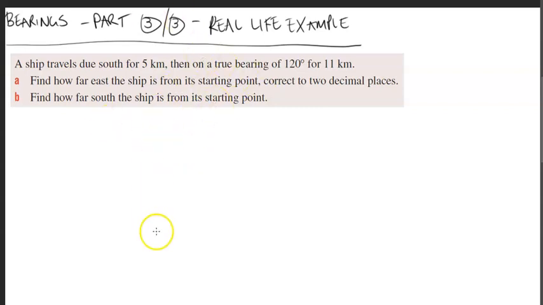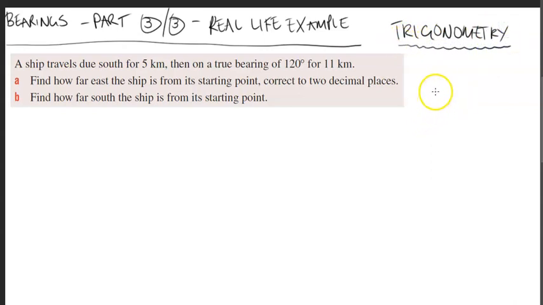It needs to stand out, it needs to be obvious, and sometimes finding the link between the two isn't all that obvious. You will be using some form of trigonometry. There needs to be some form of trigonometry within the question, and if there isn't, it's going to be quite tricky or difficult to answer this question.